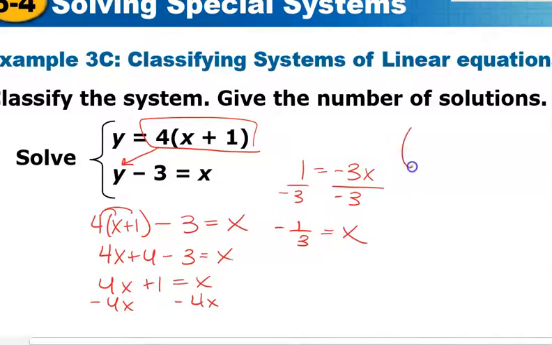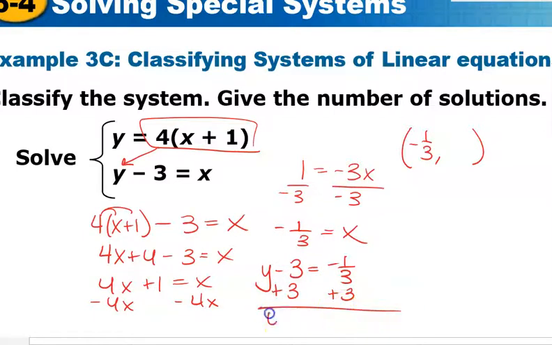Okay, so that's point number 1. Plug it back in. I'm going to plug it into this second one. Plugging in for x. We're going to add 3, and that is 2 2/3. Whoa, that's the 3's.